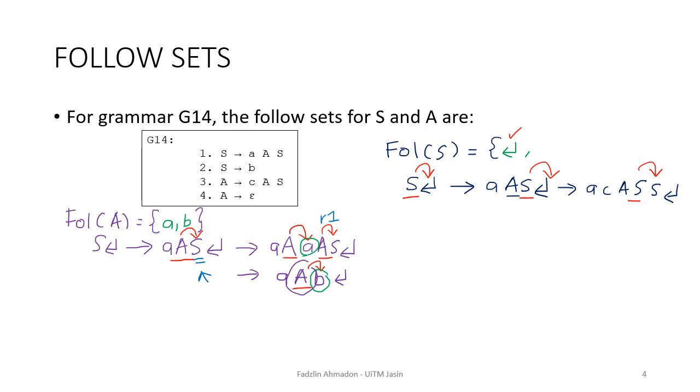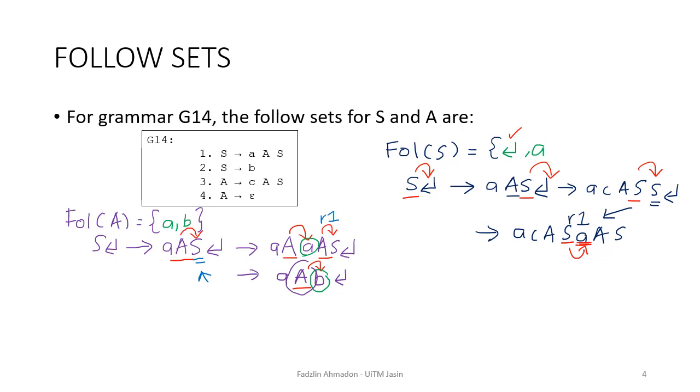Therefore, S cannot be included in the follow set of S. But what I'm going to do next is replace this S with rule 1, so I'm going to get A C A S, A A S. This is rule 1 from here. And in this derivation, this is our non-terminal S, and right next to S is a terminal a. So a belongs in the follow set of S.